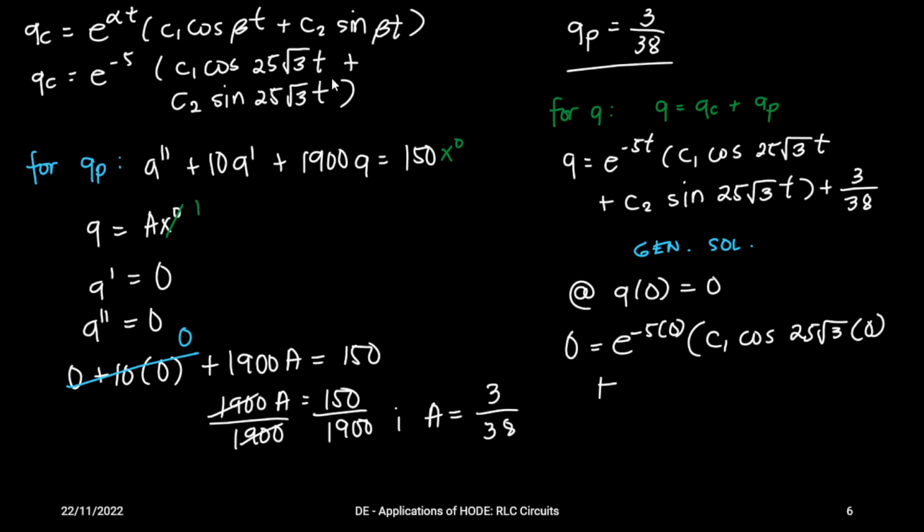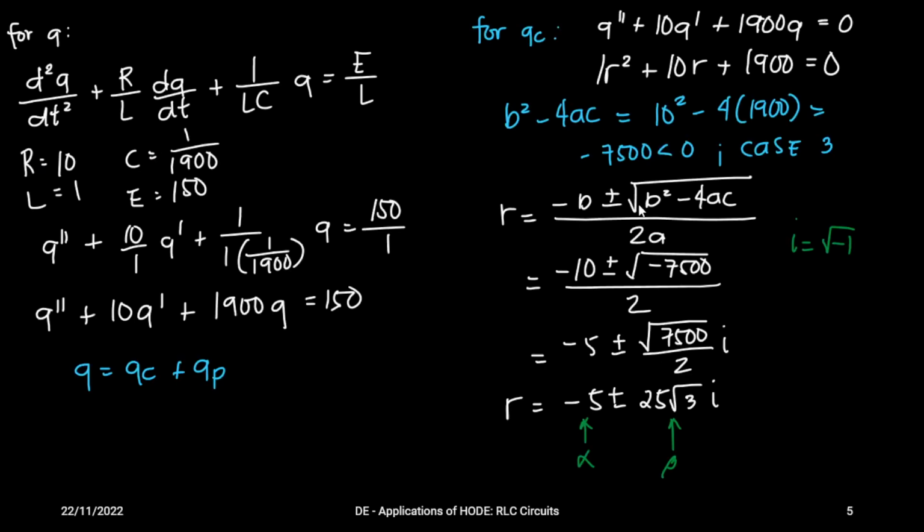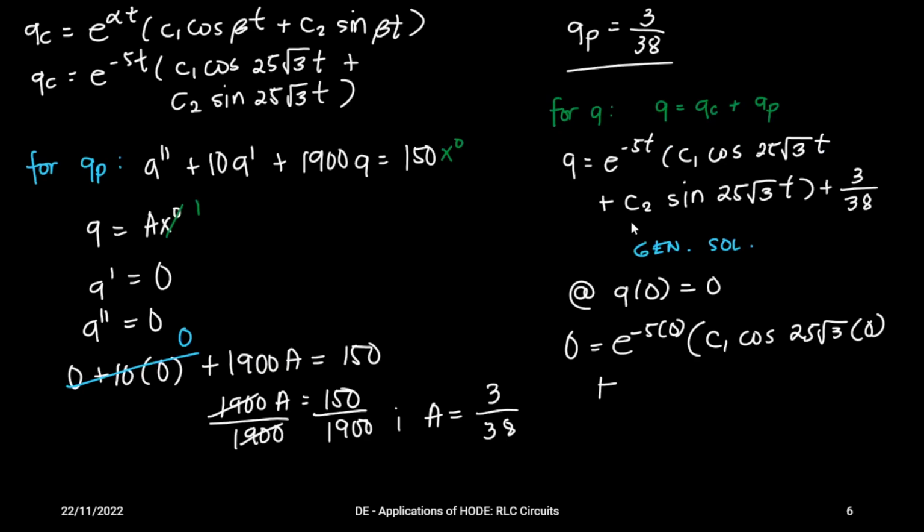Let's check dun sa taas. Plus C sub 2 sine of 25 square root of 3 times 0 plus 3 over 38.